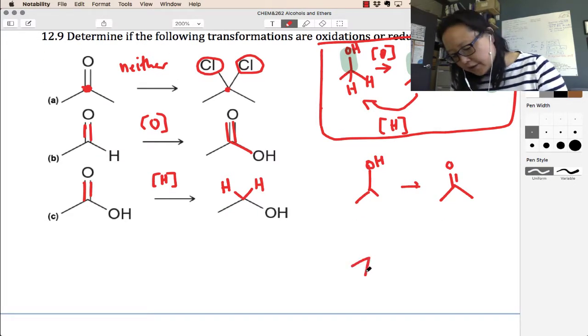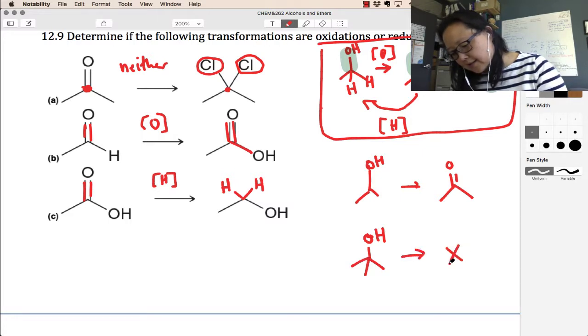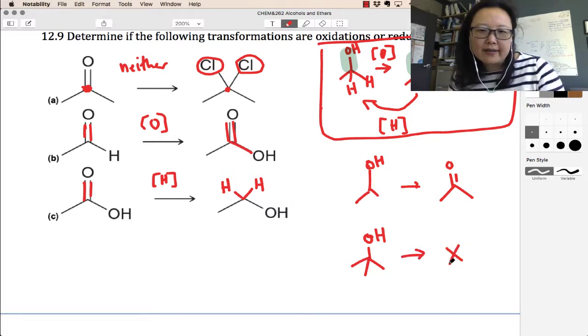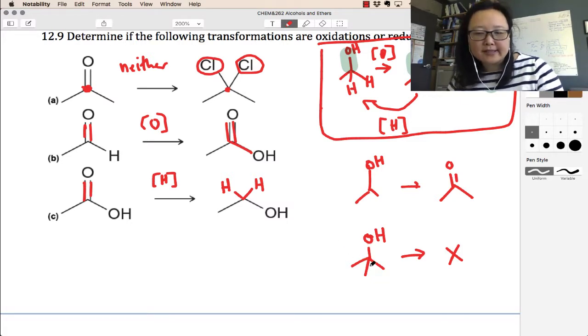And if you have a tertiary alcohol, you see there's no hydrogen to insert an oxygen into. Here we have a hydrogen, that's why we could make a double bond. Here there's no hydrogen, so this does not get oxidized. There's no reaction for tertiary alcohol. It's already saturated, there's no place to insert oxygen here.